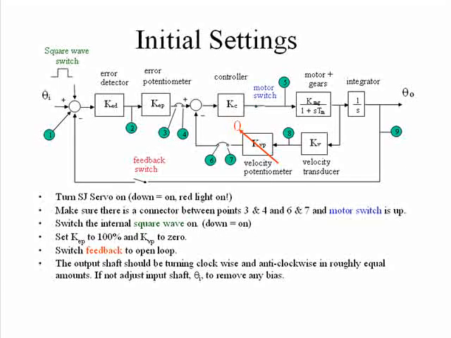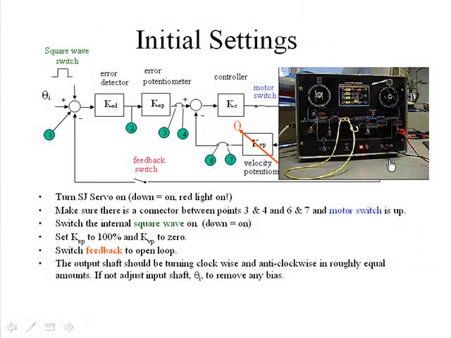Before we implement the controller, it's a good idea to do a closed loop response without the controller, so that you can see just how good your controller is, how much improvement you've made. When you actually run the controller, you should find the output shaft moves backwards and forwards.